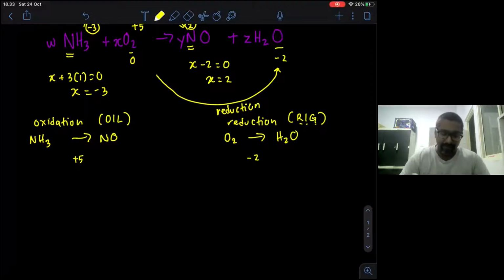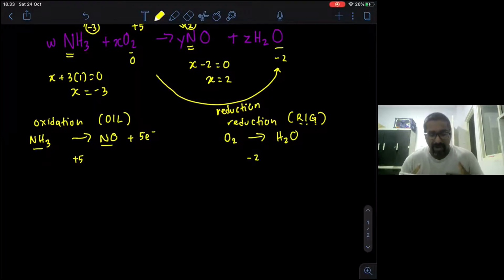So in this case, we are going to use the electrons to solve this reaction. When we have +5, it means a loss of electrons, 5 electrons are going to be lost. So we are going to write down 5 electrons being lost. Ammonia has lost 5 electrons. Forget about the nitrogen and so on, just leave it like that.